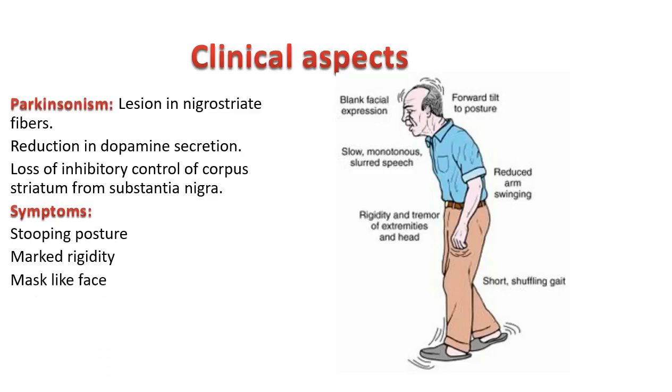You see cogwheel rigidity, marked rigidity, and mask-like face, because emotional expressions are not there. Then you have a slow, shuffling gait, he cannot walk briskly. And then pill-rolling movement of the fingers, mainly in the fingers. So these are all symptoms of Parkinsonism.